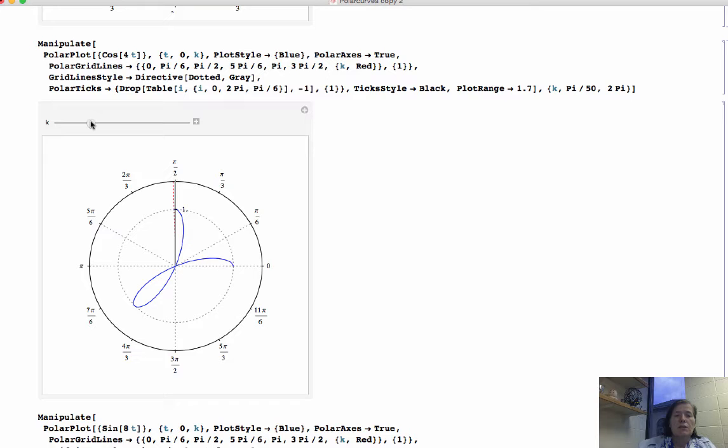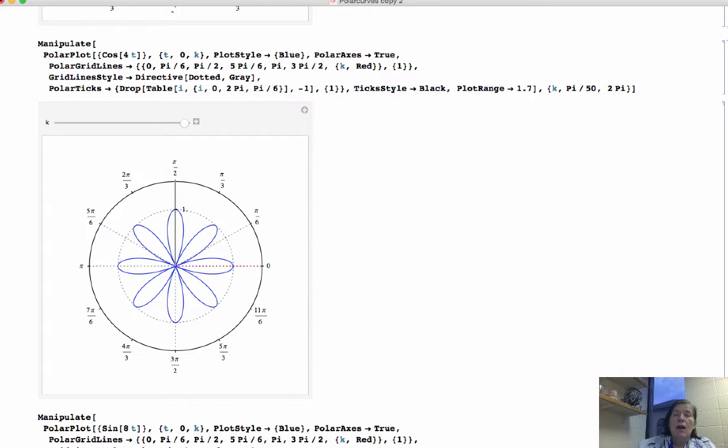The same trend continues as theta increases from pi over 2 to pi. So it looks like we're getting the petals of a flower here, and the same thing happens as theta increases from pi to 3 pi over 2, and likewise as theta increases from 3 pi over 2 to 2 pi. And of course this is periodic in theta, so now we have the complete graph of this equation, and it looks like a flower with 8 petals.